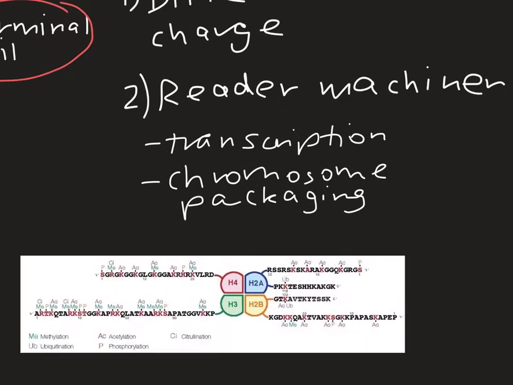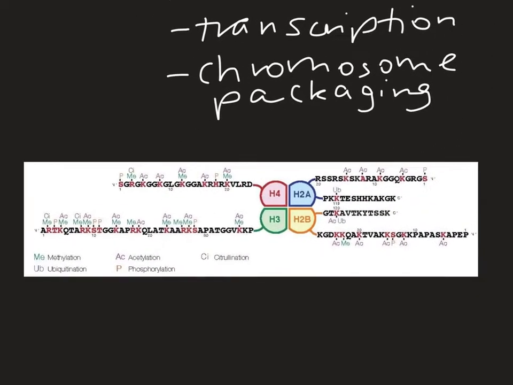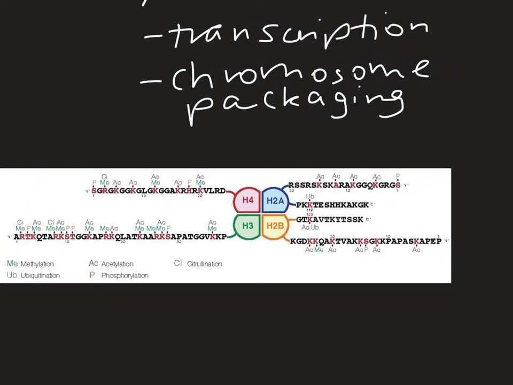The combination of different modifications on a nucleosome constitutes the histone code. Although it is relatively easy to figure out the function of individual modifications, the goal for scientists is to be able to interpret outcomes of complex combinations of histone modifications.